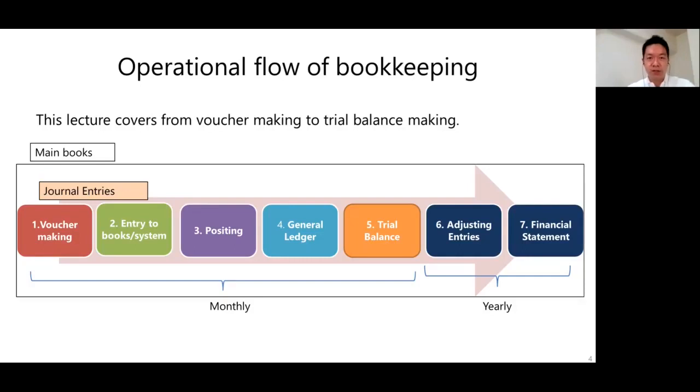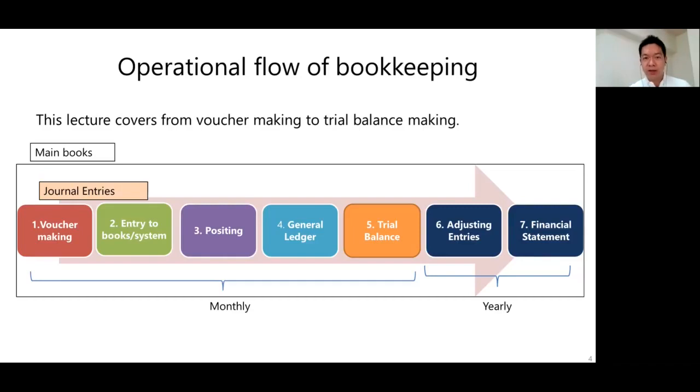So if it is sales, sales is categorized and summarized, and also account receivable or inventories. So each account title is summarized in the general ledger. And from that summarized figure, the trial balance is made. The trial balance is a mixture of the profit and loss statement and balance sheet.